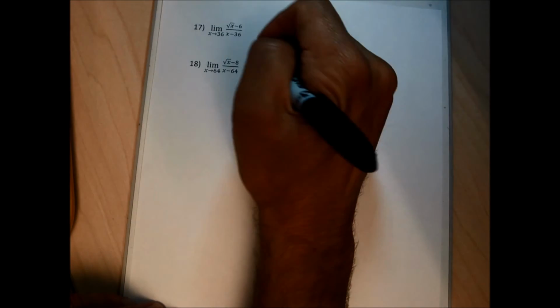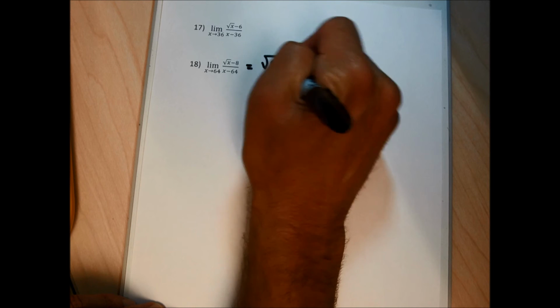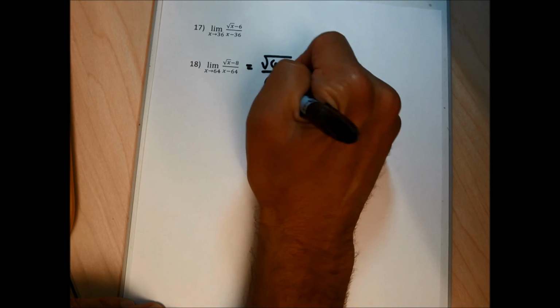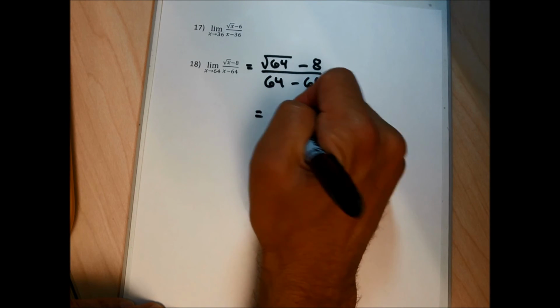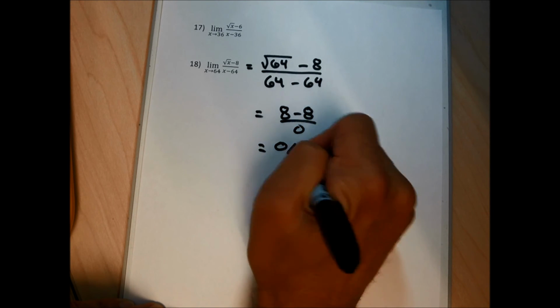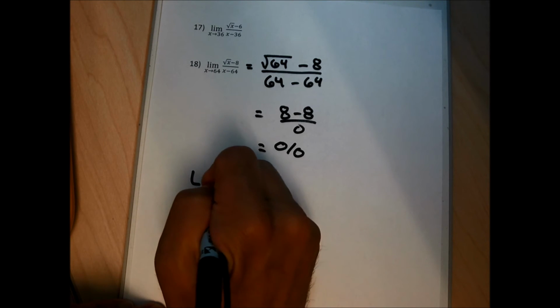So for 18, the first step of finding any limit is to take the value for x and plug it in. This gives me 8 minus 8 over 0, which is 0 over 0. When I'm trying to find the limit of a fraction, if I get 0 over 0, there's likely algebra I can do to make that limit pop out.